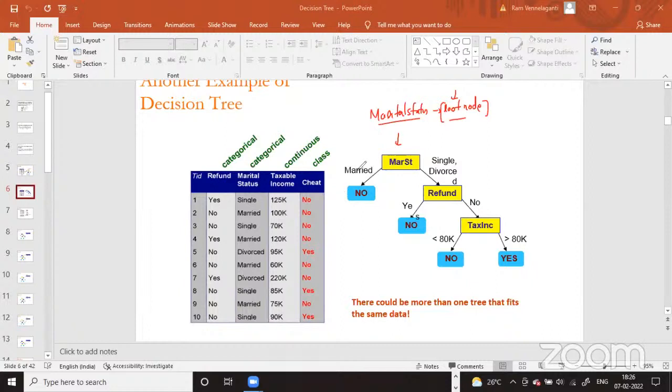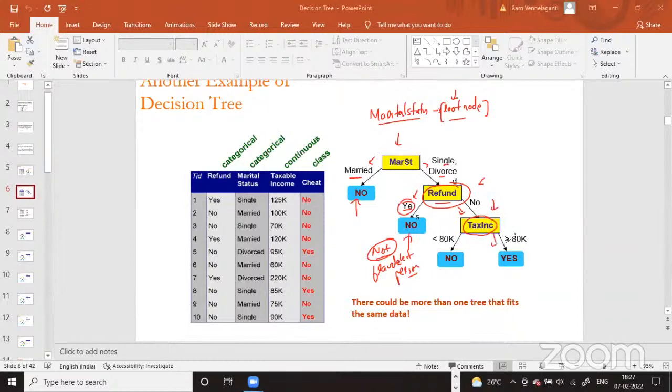Now, if my marital status is married, then I'm not a fraudulent person. If my marital status is single or divorced, then check for the refund status. If my refund status is yes, then I'm not a fraudulent person. If my refund status is no, check for my taxable income.